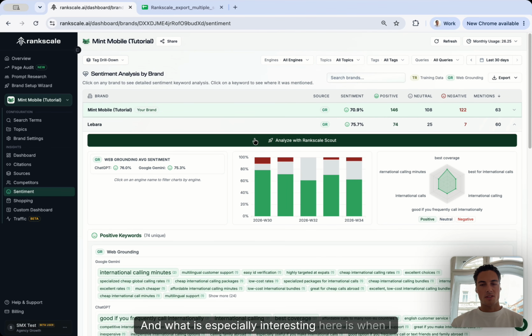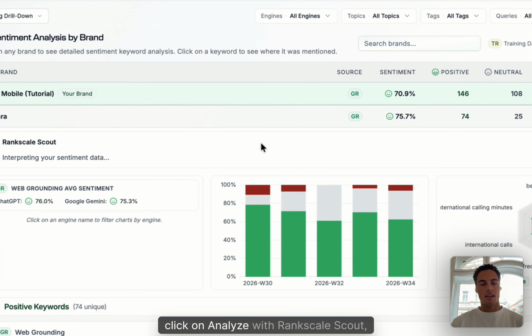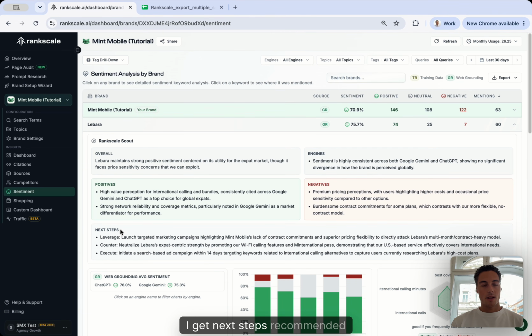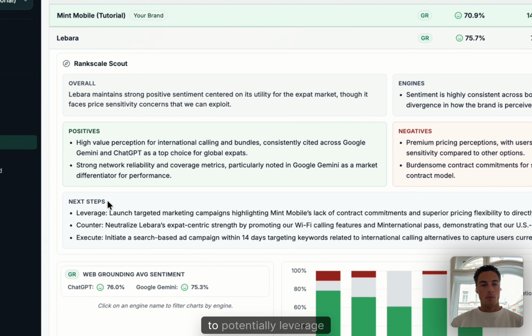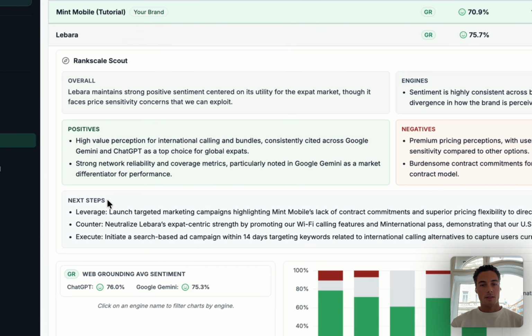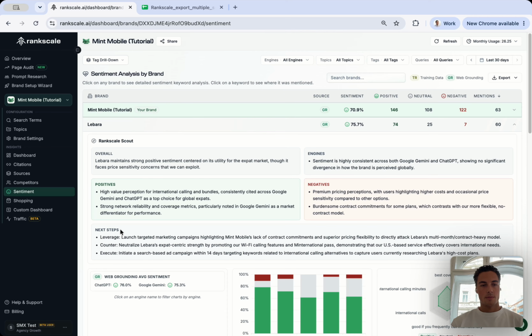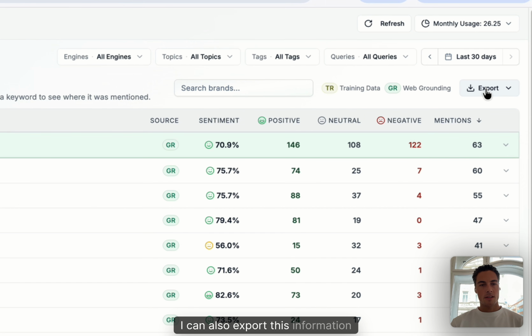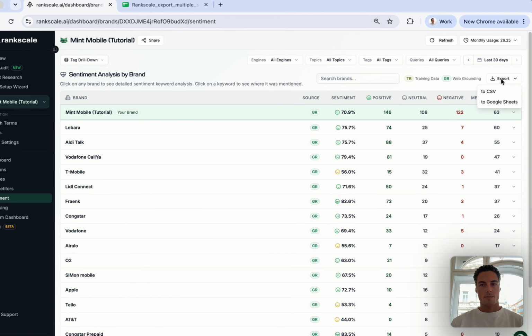And what is especially interesting here is when I click on Analyze with Rankscale Scout, I get next steps recommended to potentially leverage their negatives where I have a positive. I can also export this information towards a CSV or a Google Sheet.